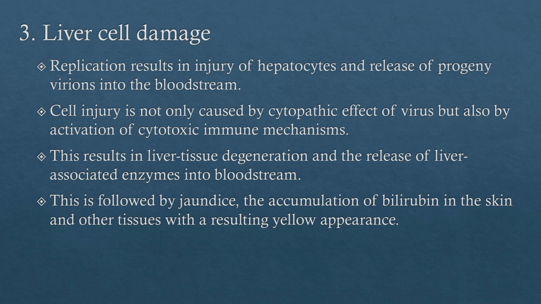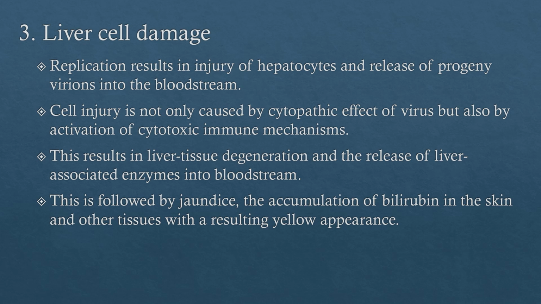The third step is liver cell damage. Replication results in injury of hepatocytes and release of progeny virions into the bloodstream. Cell injury is caused not only by cytopathic effects of the virus but also by the activation of cytotoxic immune mechanisms. This results in liver tissue degeneration and the release of liver-associated enzymes into the bloodstream.